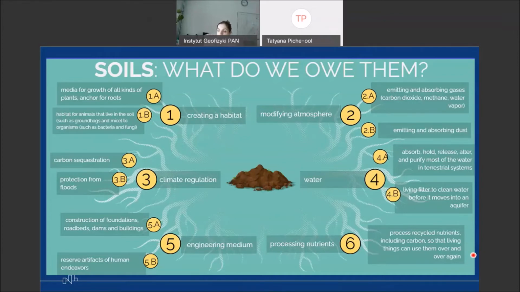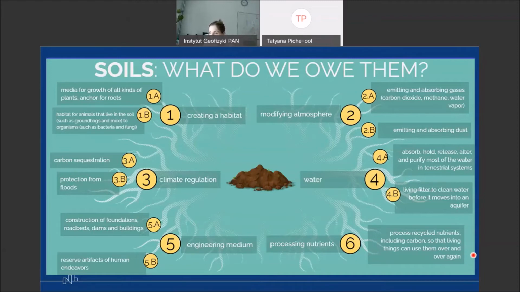Soil is also capable of storing large amounts of organic carbon. It is also a buffer against pollutants, so it's protecting groundwater, and a lot of people are very dependent on groundwater quality, because sometimes it's the only source of drinking water.